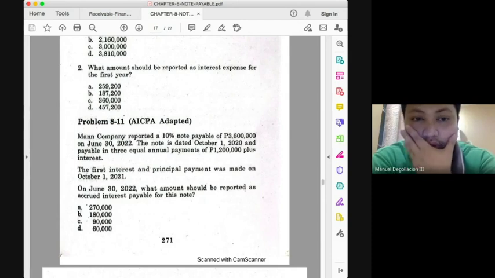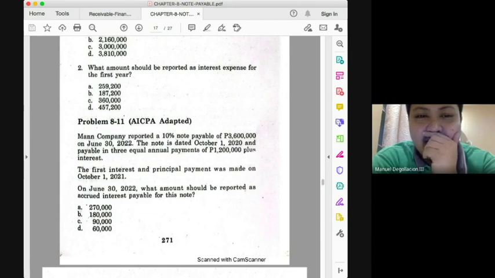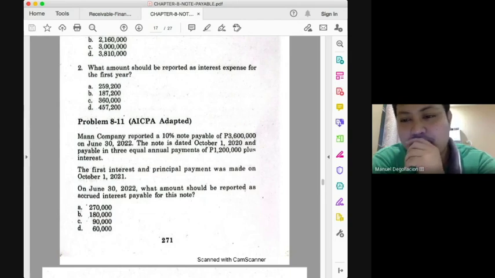The note is dated October 1, 2020, and payable in 3 equal annual installments. So this means that the first installment payment will happen on October 1, 2021.